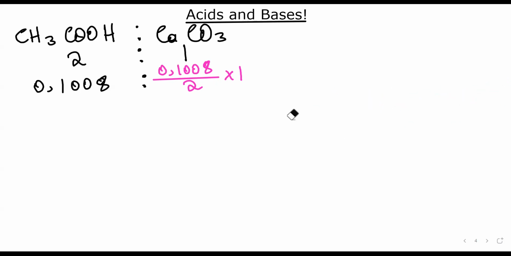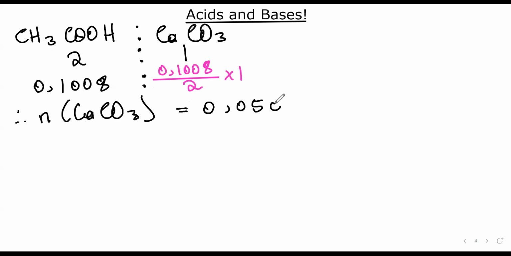So whichever one you prefer is perfectly fine. Right. Then if you now divide this by 2, you find that the number of moles of calcium carbonate will simply be 0.0504 moles.